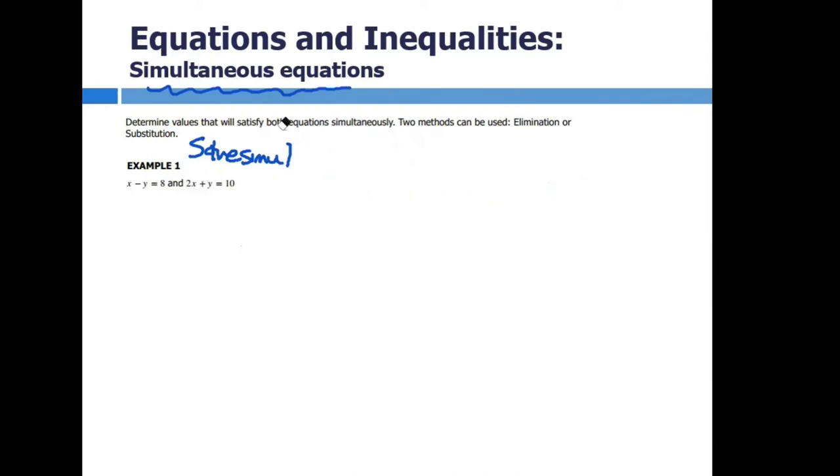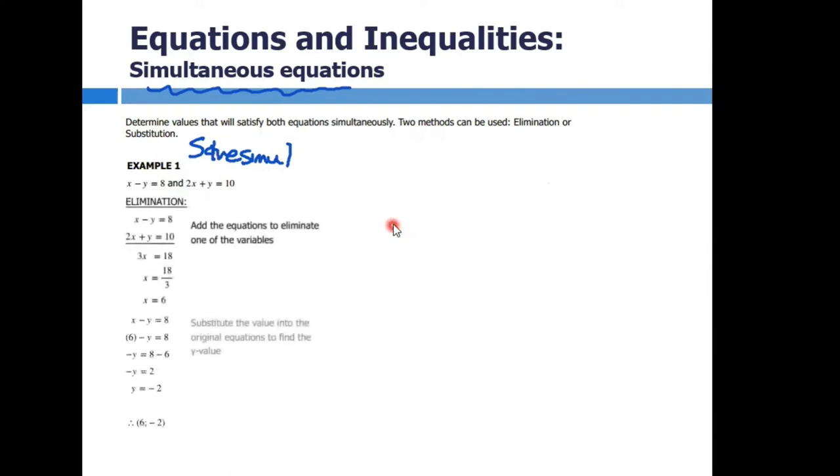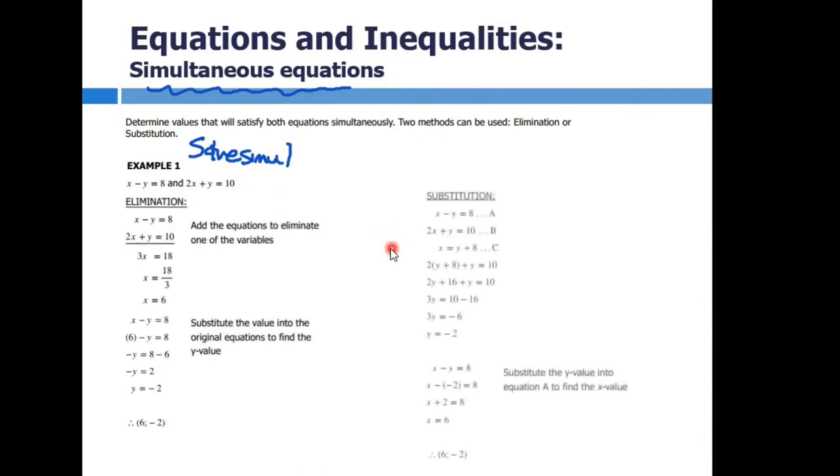But solving simultaneously, you can see I've got 2 equations and 2 unknowns. There's 2 methods. I have never seen a test or an exam, although it may be a class test because they're trying to make sure you know a certain method, where they tell you you must use elimination or you must use substitution.